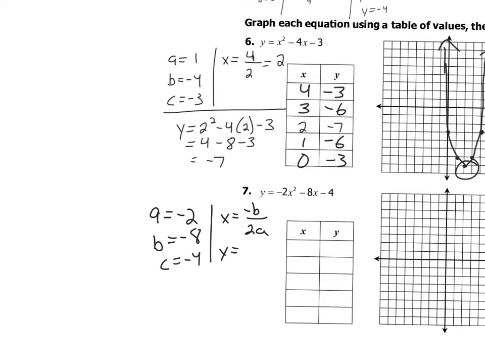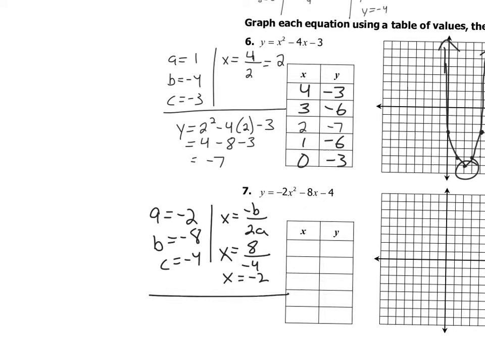So that's going to be x equals negative 8, or positive 8, over 2 times negative 2. Well, what's 2 times negative 2? 2 times negative 2 is negative 4. And 8 divided by negative 4 is negative 2. So your axis of symmetry is going to be negative 2.